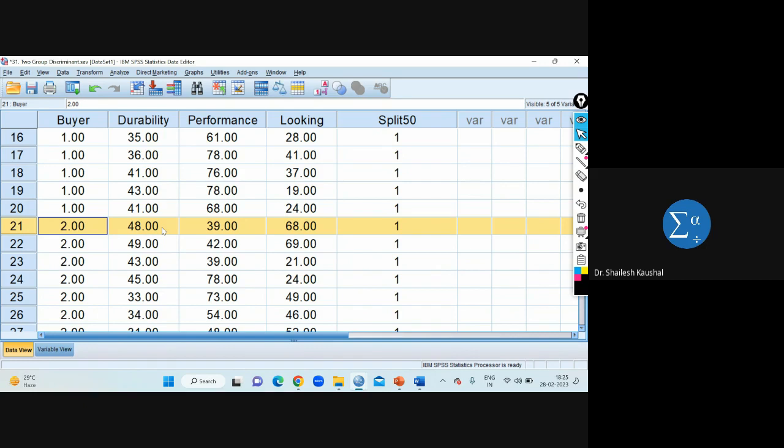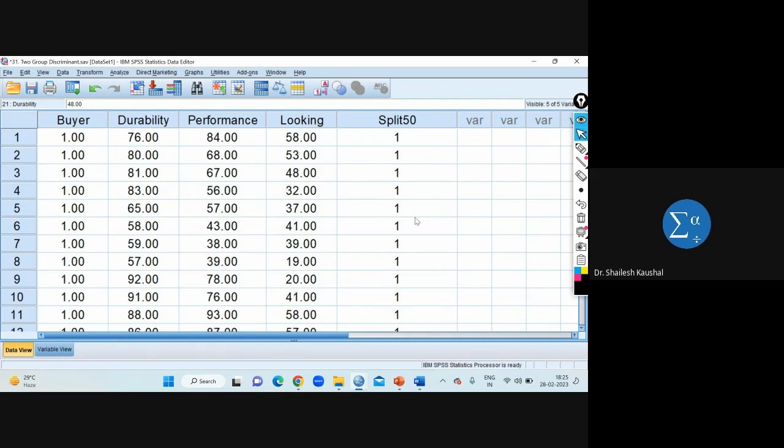He is giving 48 marks to durability, 39 to performance, and 68 marks to looking. He thinks the bike is good looking, but according to him the product is less durable and the performance is not good. That is why he is giving a low score for durability and performance. Okay, this is my data set.